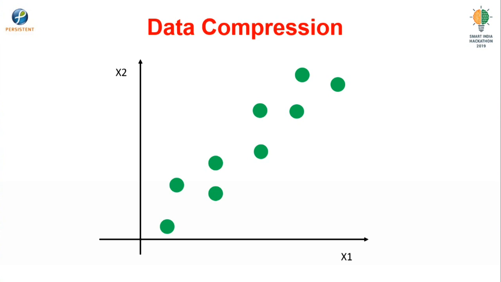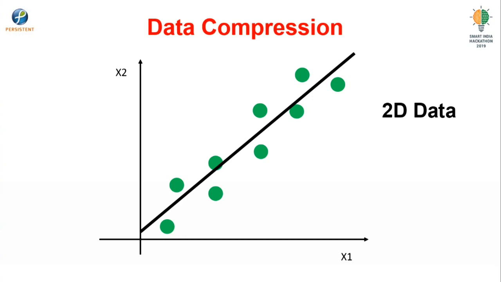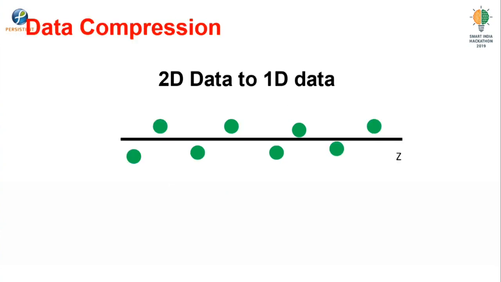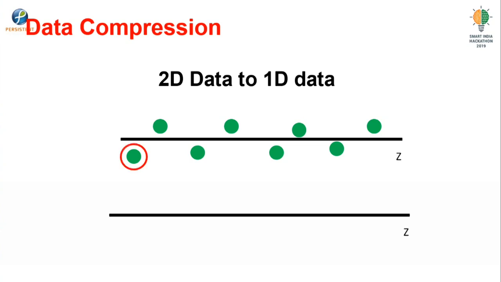What will I do? So, the technique they follow is, from this data plot you can see that data is aligned in a particular direction or along a particular axis. So, this is the axis around which most of the data spread is there. So, what they do is they draw a line like this, and they make the 2D data horizontal, and they drop each of the points which are above or below the line onto the line.